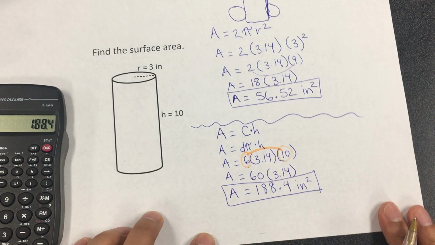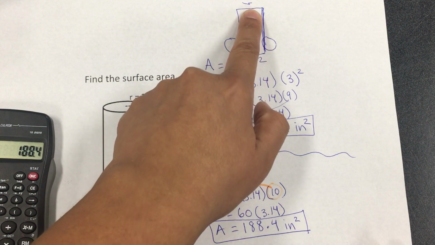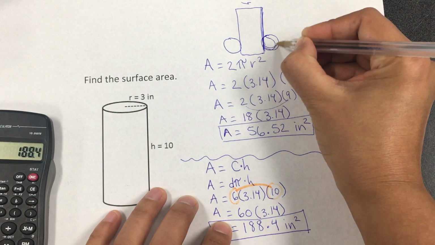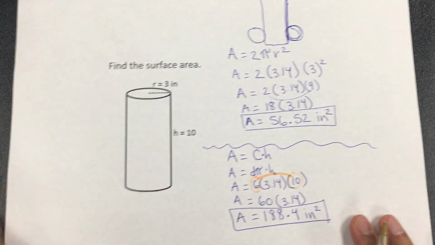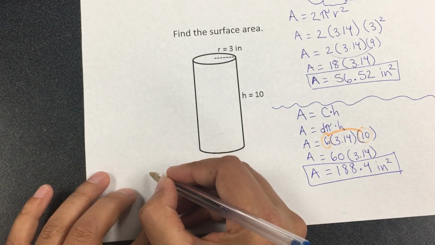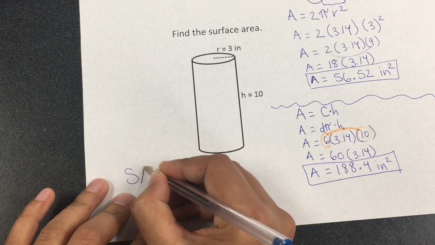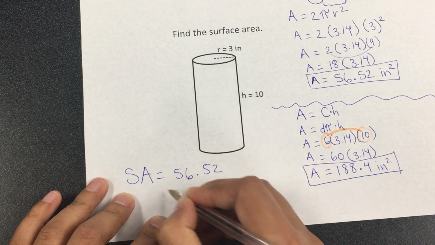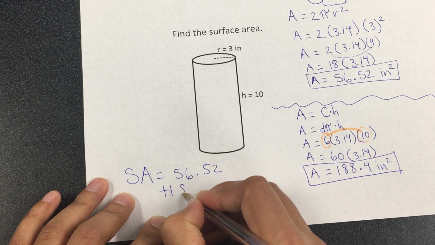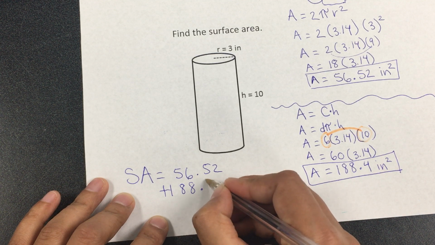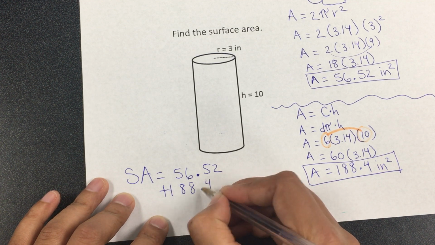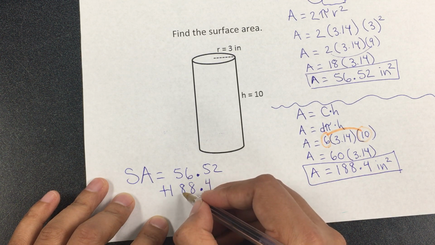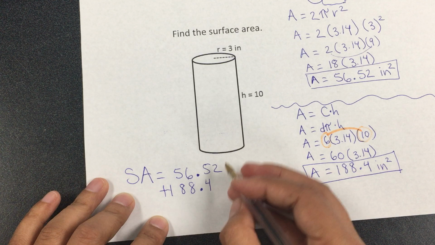So this is the answer for this area right here, the lateral area. Now I need to put them together. The total surface area is equal to 56.52 plus 188.4. You need to align the decimal points: tenths go with tenths, ones with ones, tens with tens, and so on.